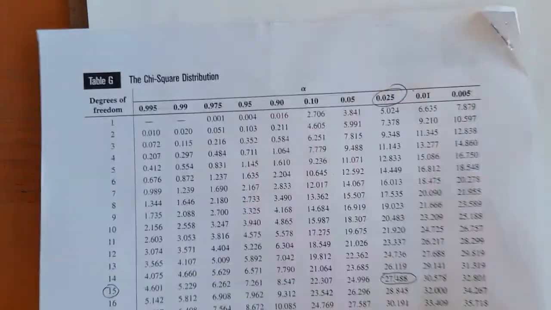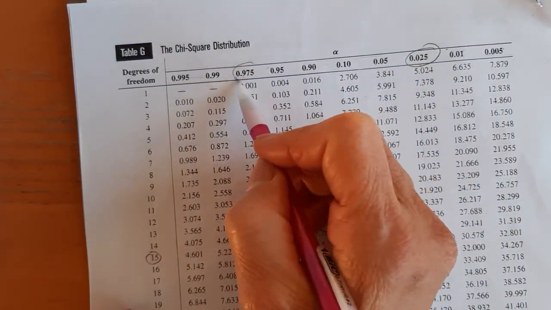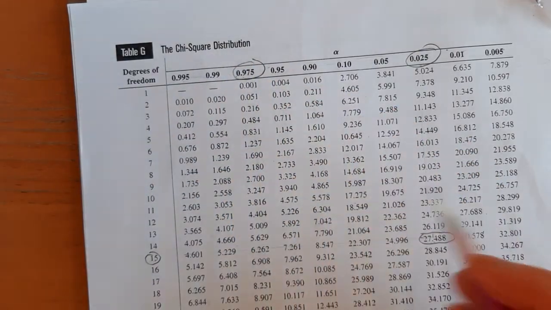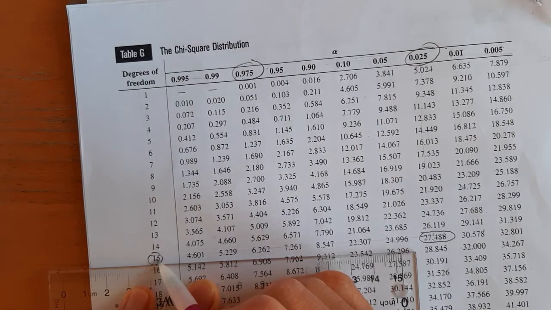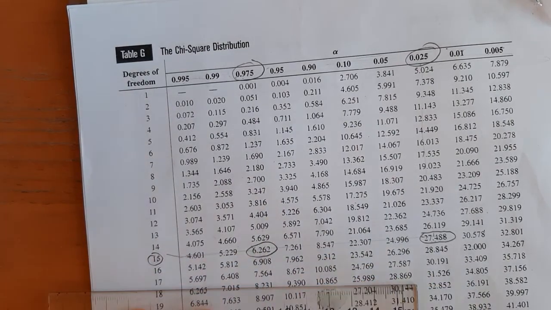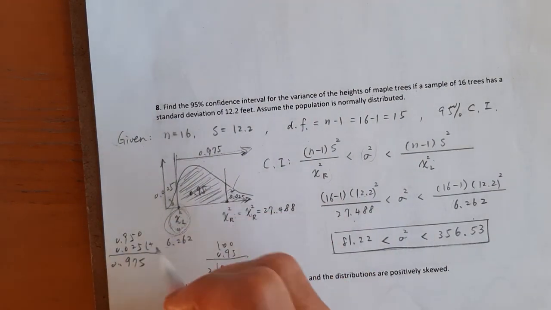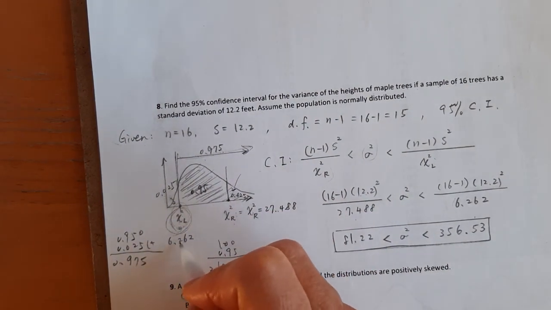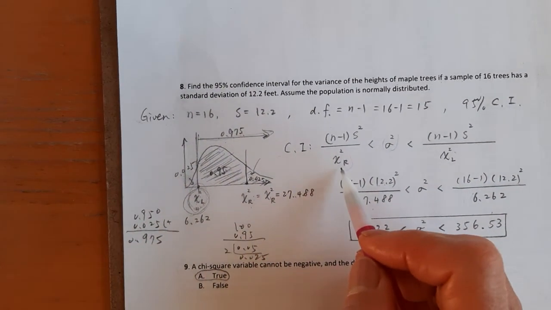Now you look at the table. 0.975 is the area to the right, degrees of freedom is 15, and the corresponding chi-square is 6.262. So the chi-square left side is 6.262.